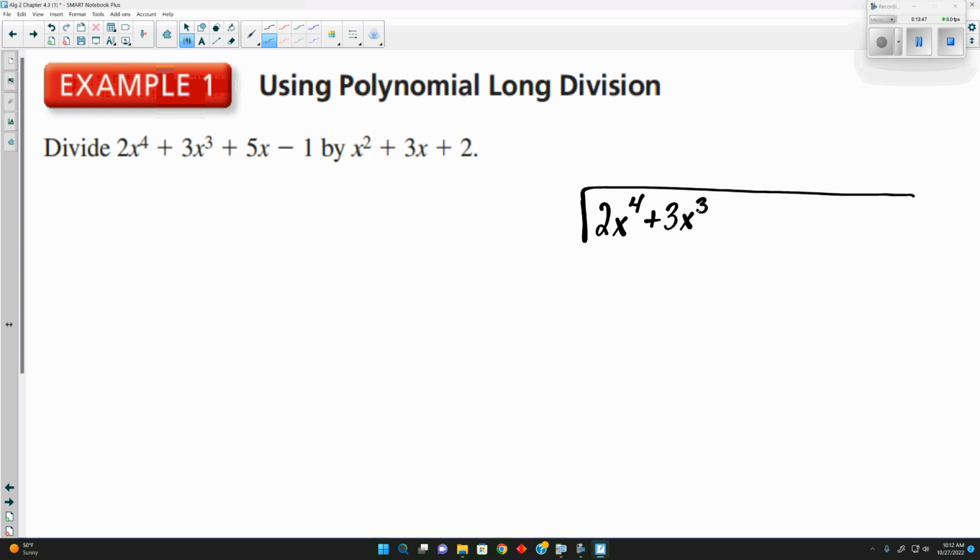We still need it, but I can add it in as plus 0x squared. 0x squared is just 0. But we have that spot. Then we have plus 5x minus 1. And either side, if we have a term missing, we'll put it in as plus 0x, or 0x to that power. So now that we have 4, 3, 2, 1, constant term.